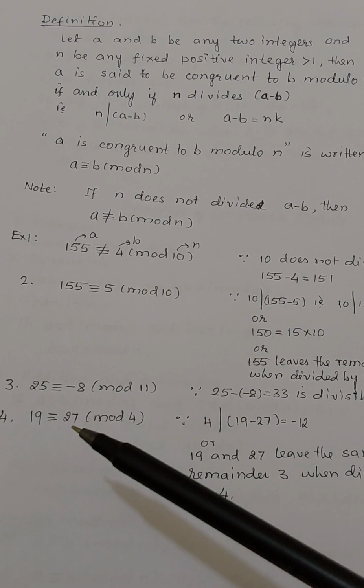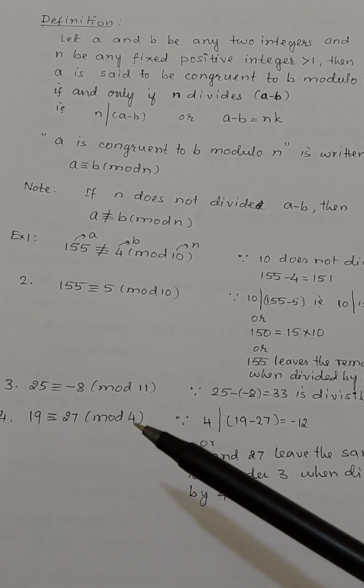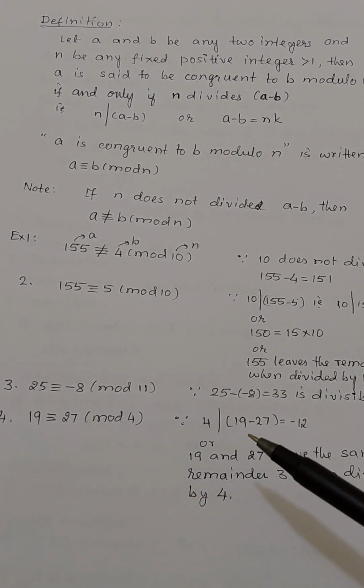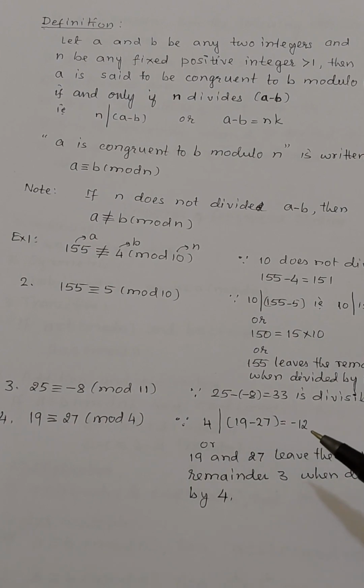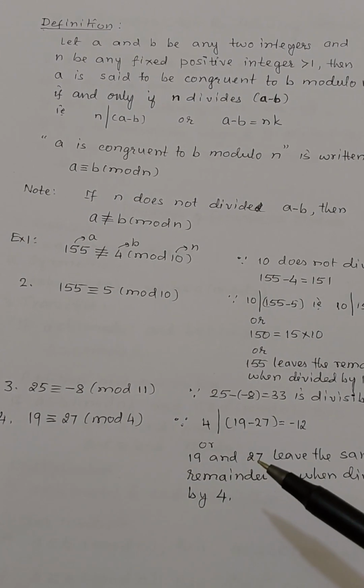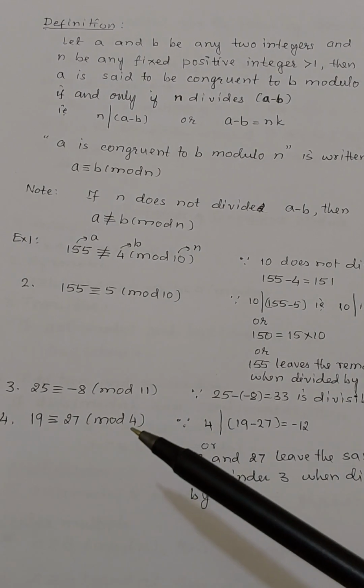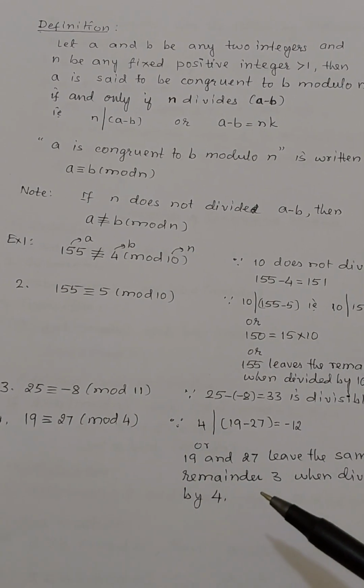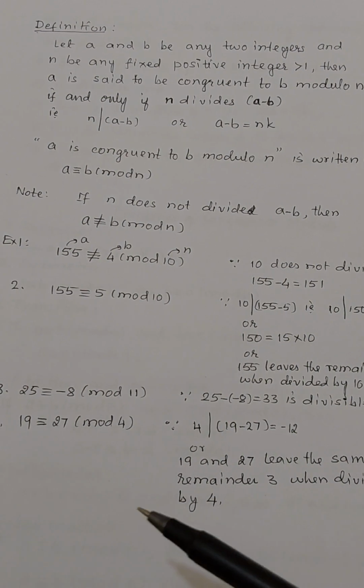19 is congruent to 27 mod 4, because 4 divides 19 minus 27, which is minus 8. Or we can say 19 and 27 when divided by 4 both give the same remainder 3. Hence they are congruent.